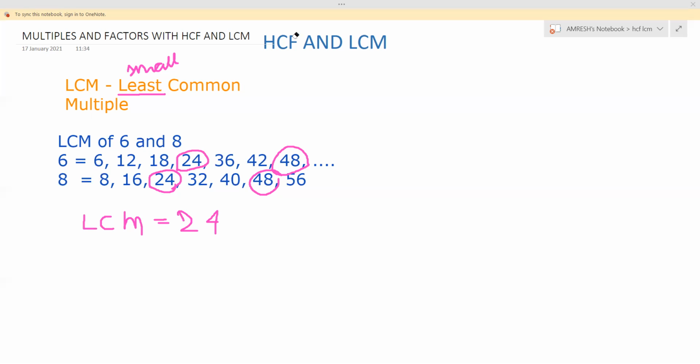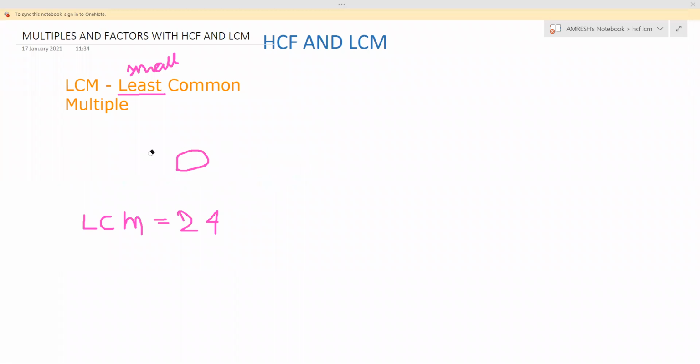So now I am giving a question first to do. Then I will go to 10 and 15. Find the LCM of 2 and 3. Not so hard. So let me reveal the answer. You can pause it. Okay, pause now and do.